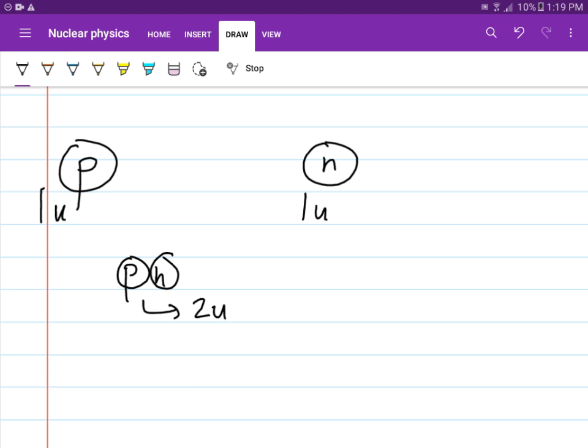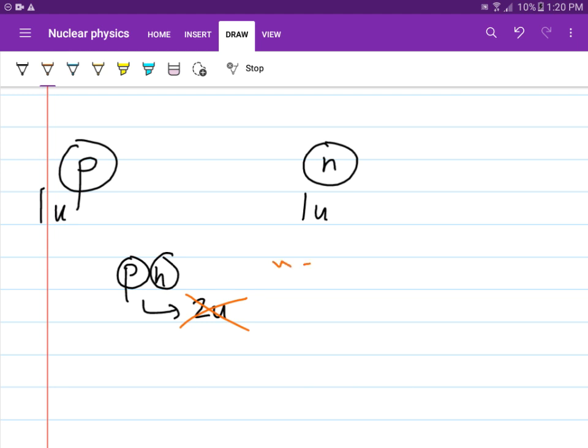But experiments show that inside the nucleus, the mass of the proton and the neutron combined is not equal to their individual masses combined.